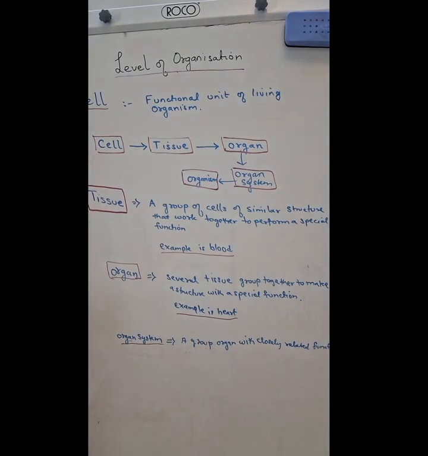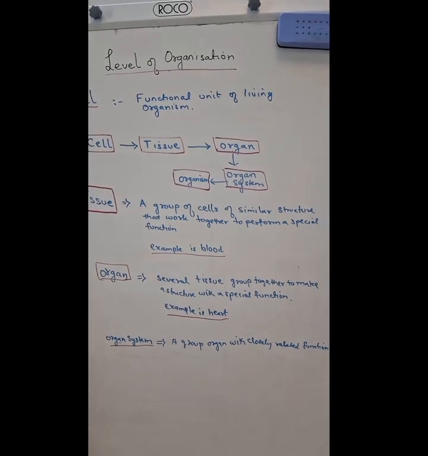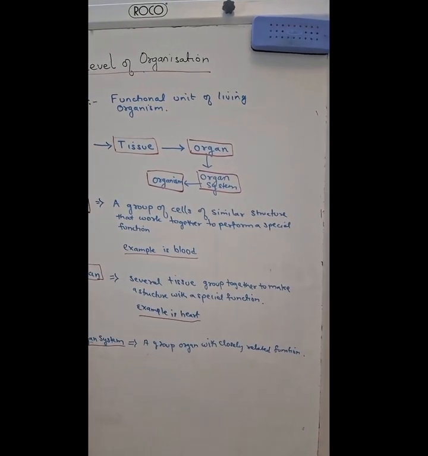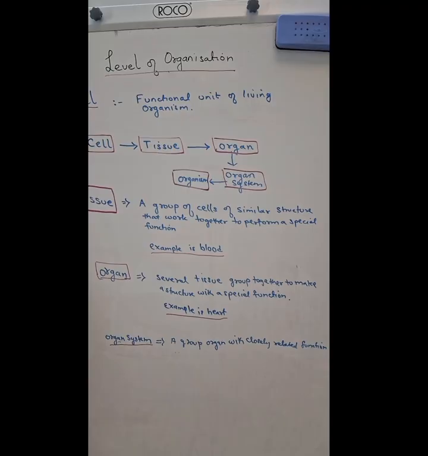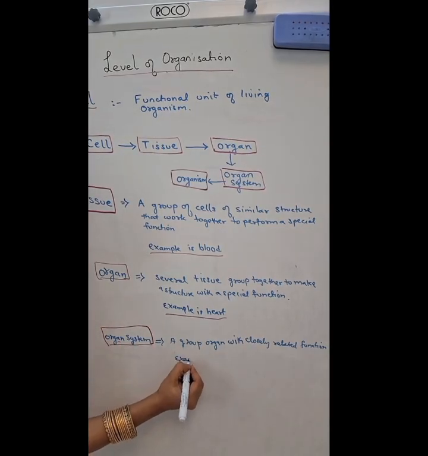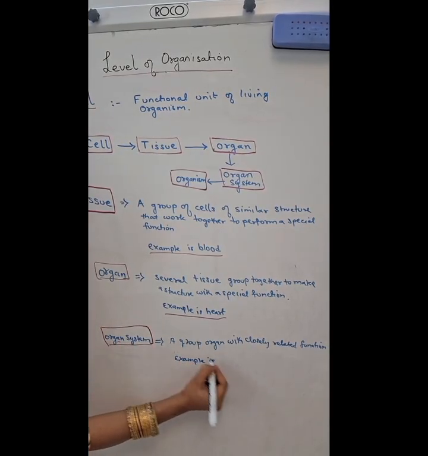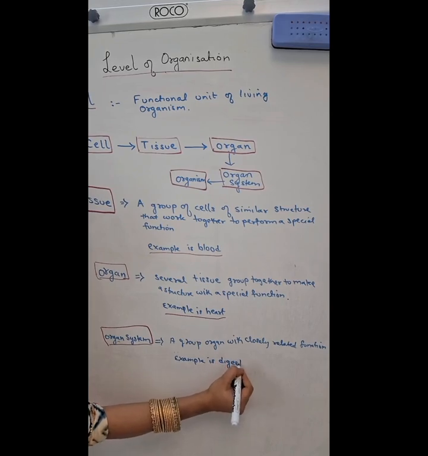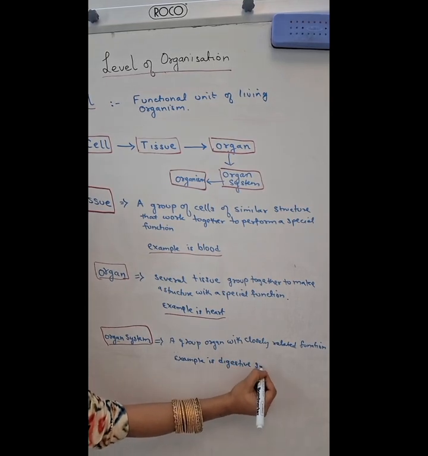Okay. Now organ system is like your digestive system, your nervous system, circulatory system. This all will come under the example of organ system. Okay. So example is digestive system.